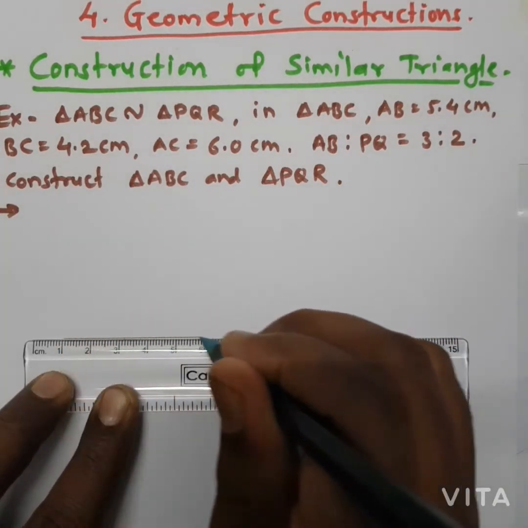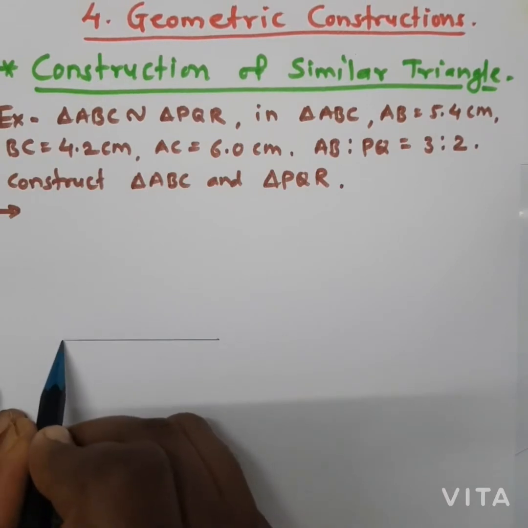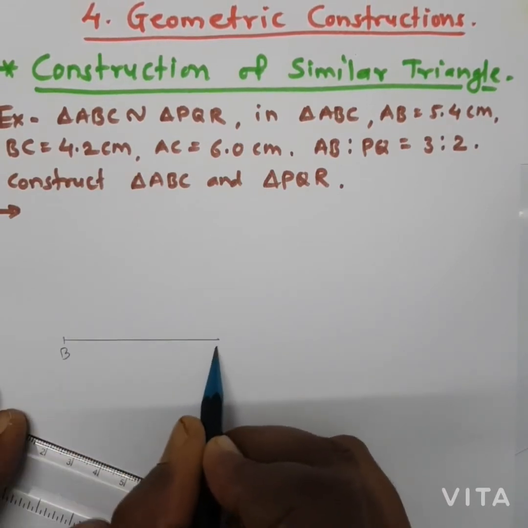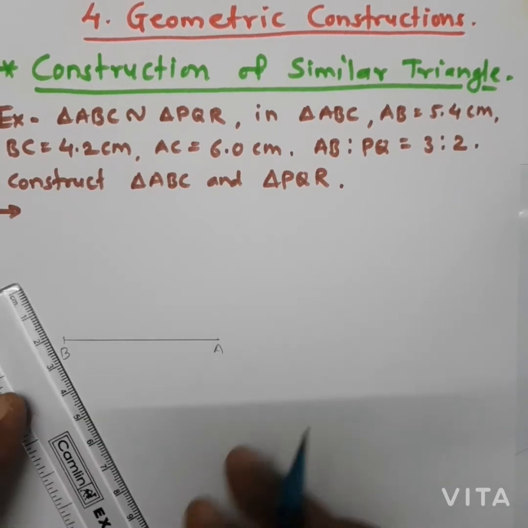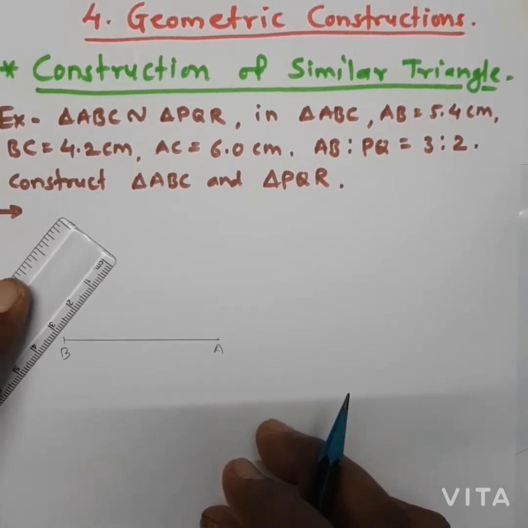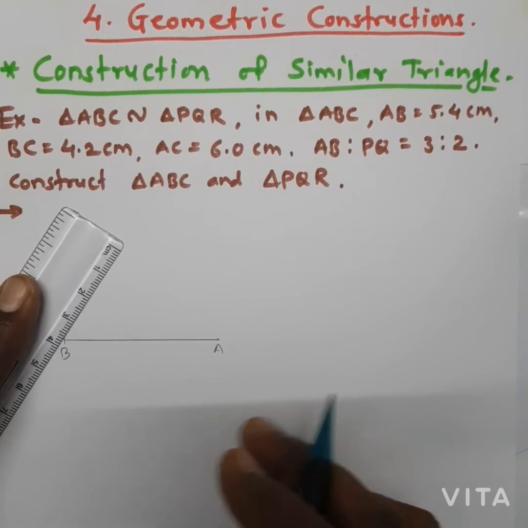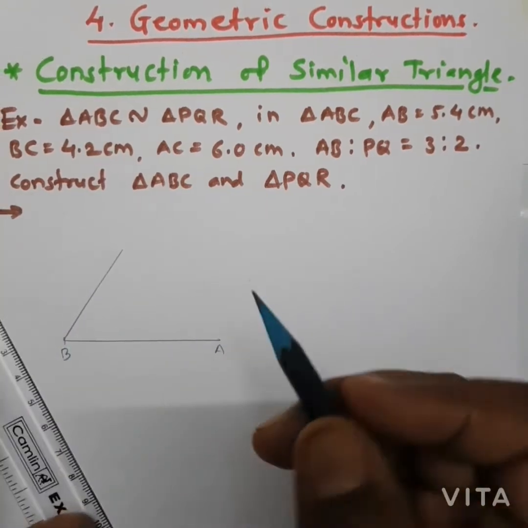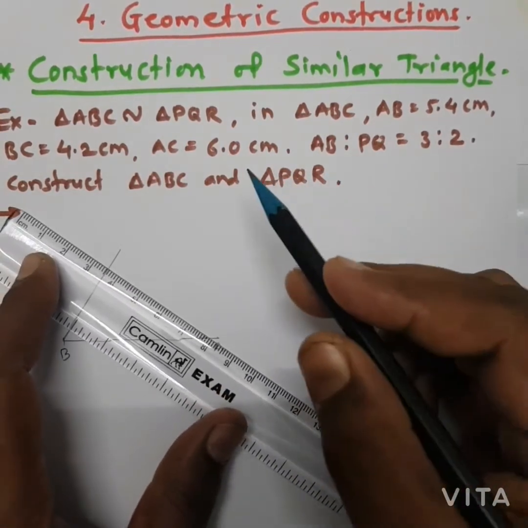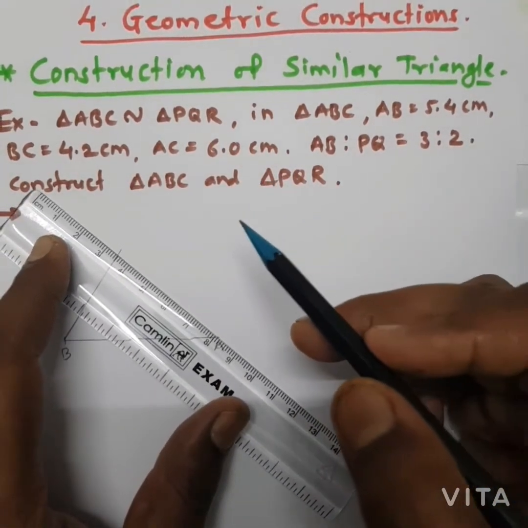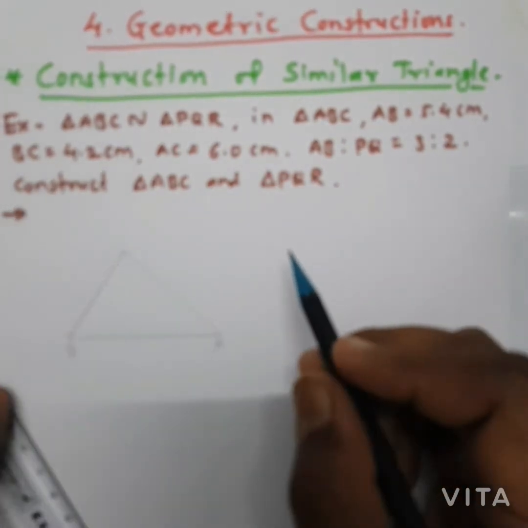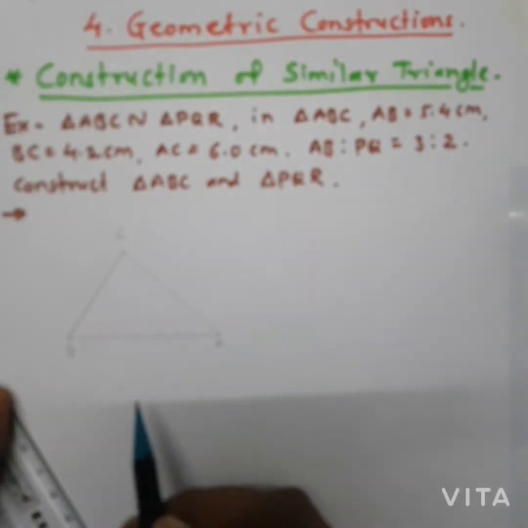We will draw side AB of any length. Then side BC is of 4.2 centimeter, and side AC is given as 6 centimeter. This will be point C.